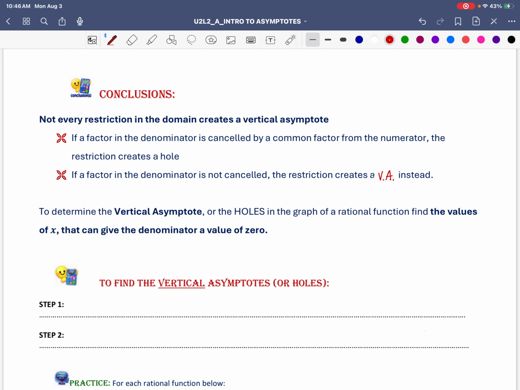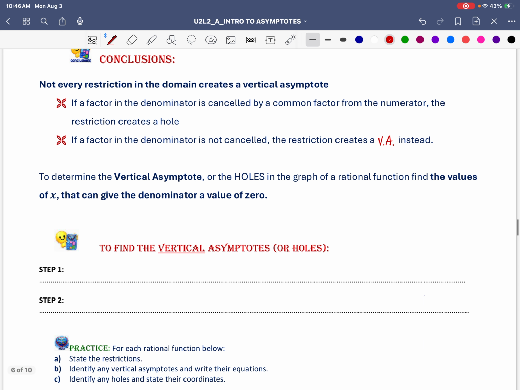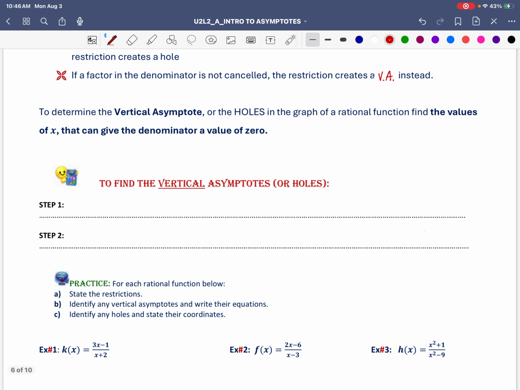Now, to determine the vertical asymptote or the holes in the graph of a function, we have to find the value of x that can give the denominator a value of 0. So, to find vertical asymptotes or holes, we're going to follow these two very simple steps. First, we're going to factor both numerator and denominator.